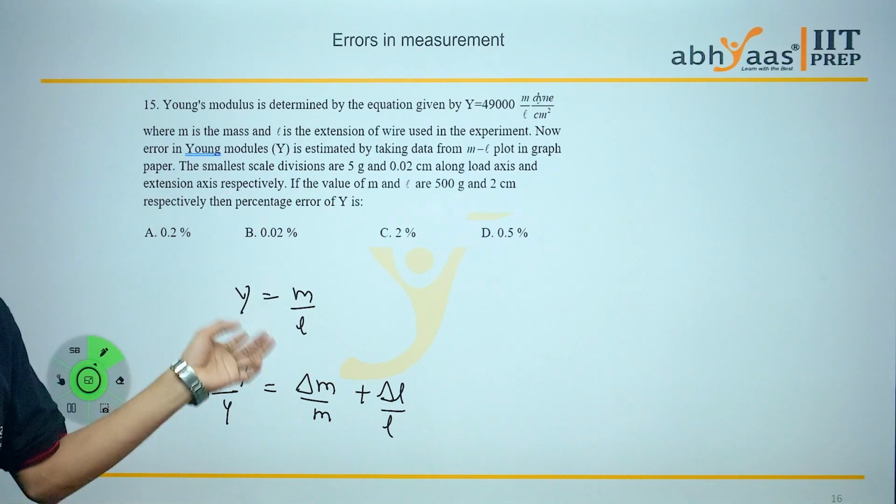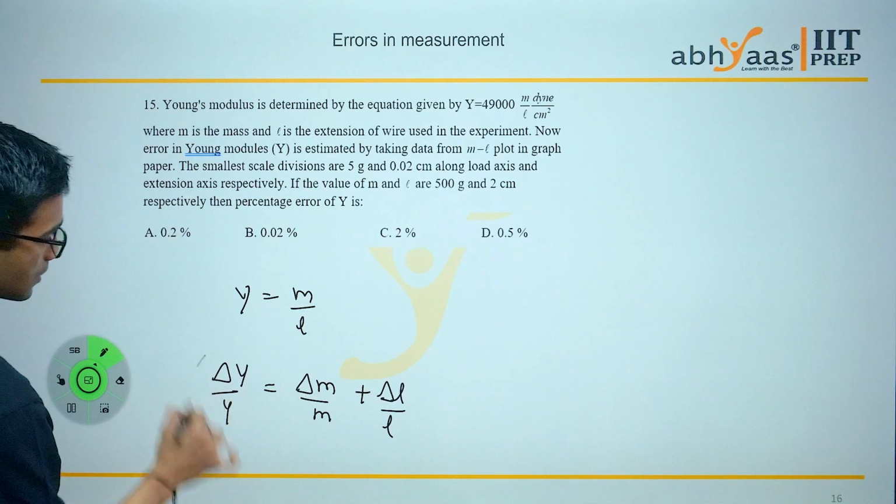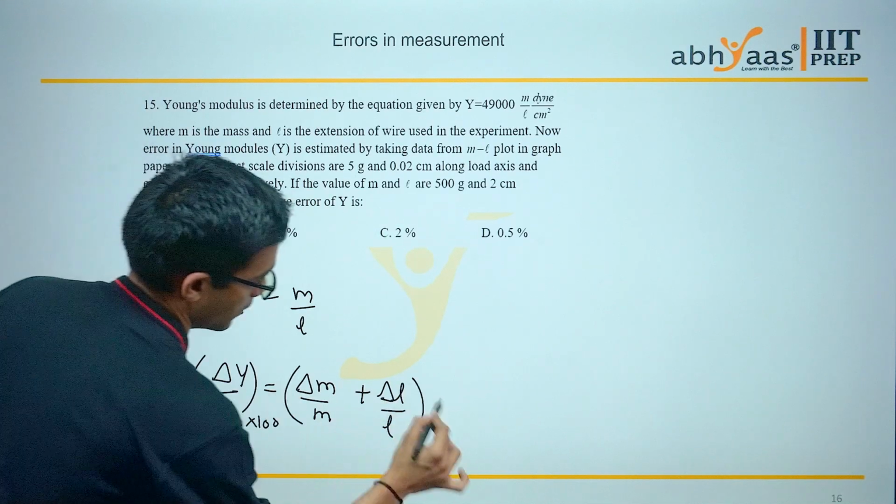Okay, y equal to m by L. So delta y by y we have to calculate. So percentage error means everything is multiplied with 100. Here also we have to multiply with 100.